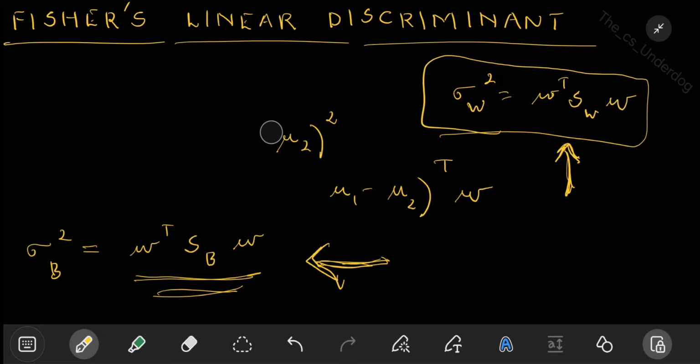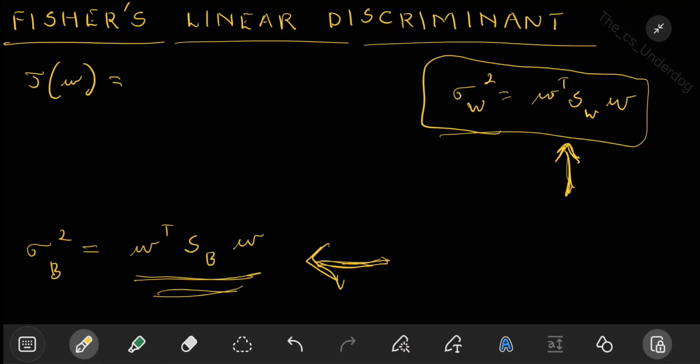You want to increase the between class variance as much as possible and decrease the within class variance as much as possible. So this is what is called Fisher's criterion. This whole concept of Fisher's linear discriminant comes from the Fisher's criterion. We'll call it J of W. Fisher's criterion is the ratio of between class variance and within class variance.